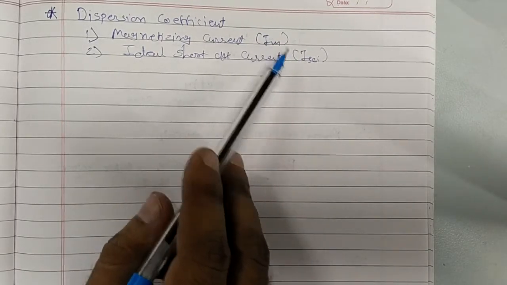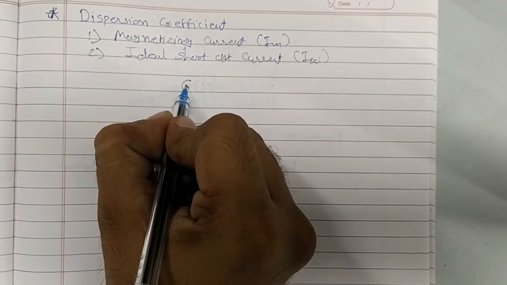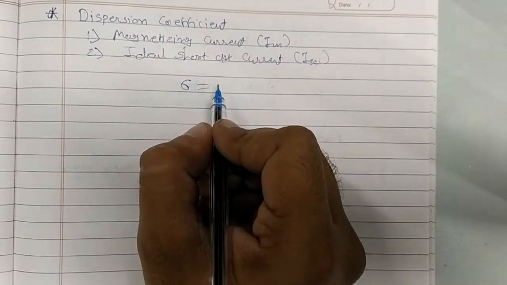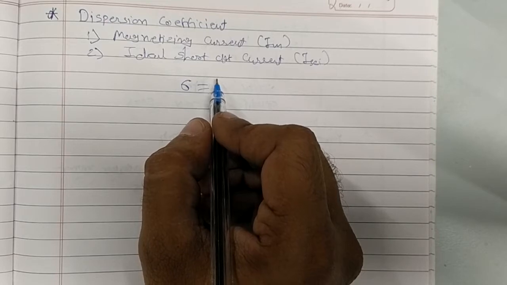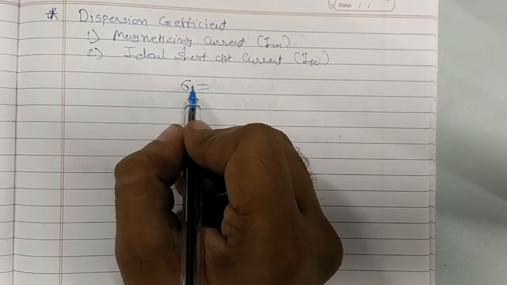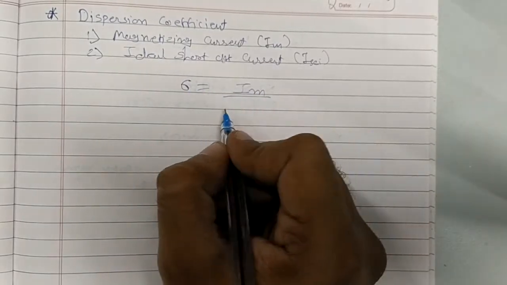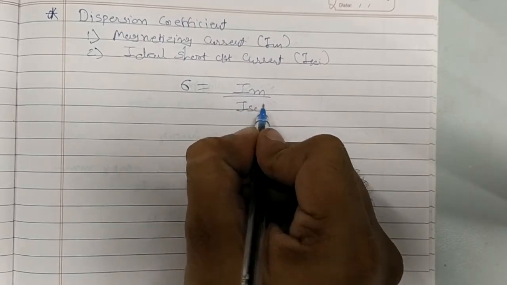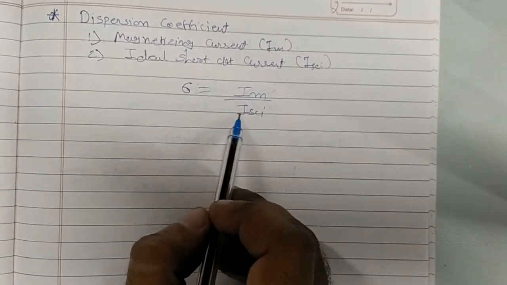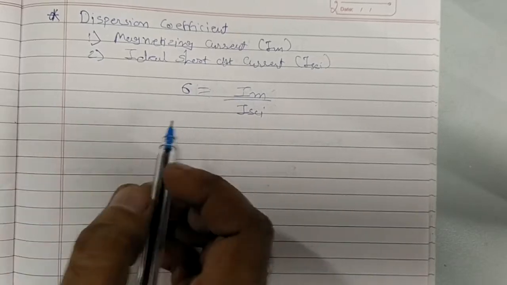It is the ratio of Im and ISCI, denoted by the symbol sigma. So we can say that the dispersion coefficient is Im divided by ISCI.